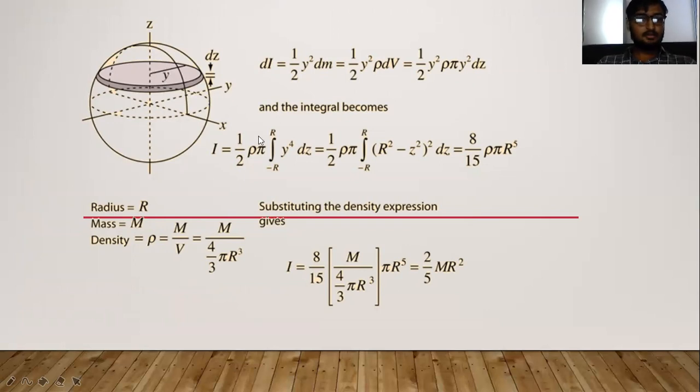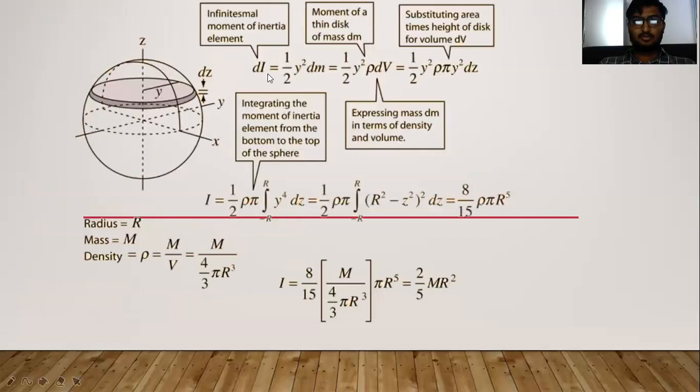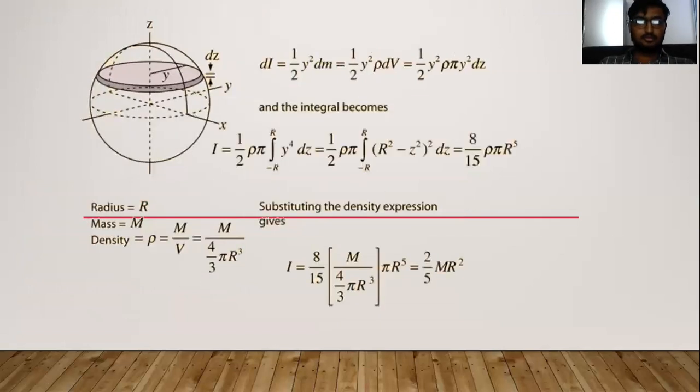Now the radius of the mass moment of inertia of the sphere, with axes x, y and z. So dI is equal to 1 half y square dm.